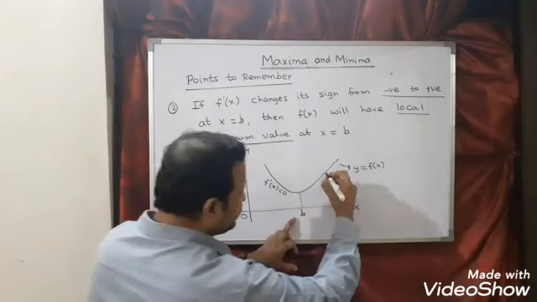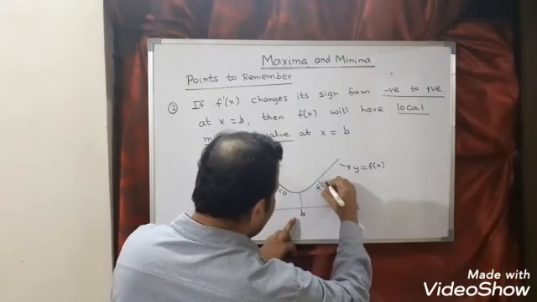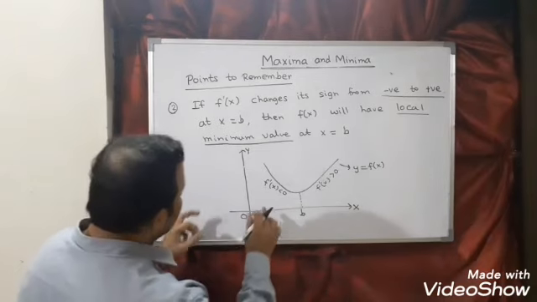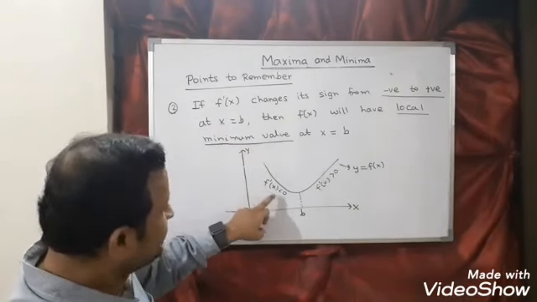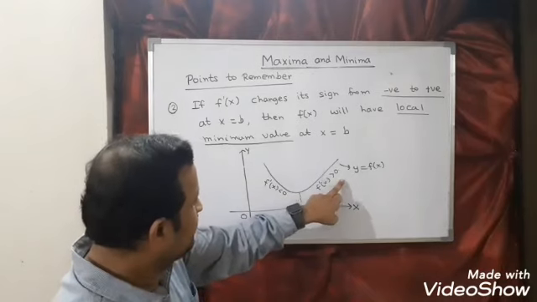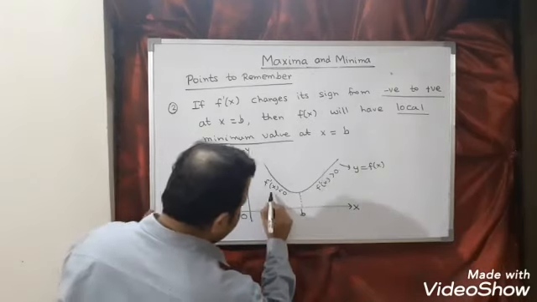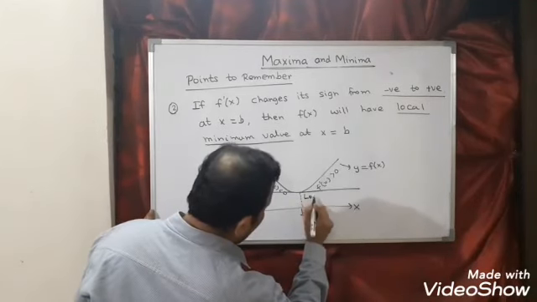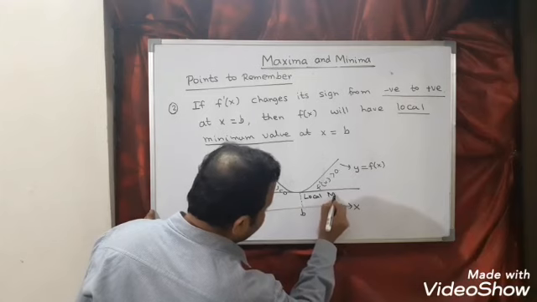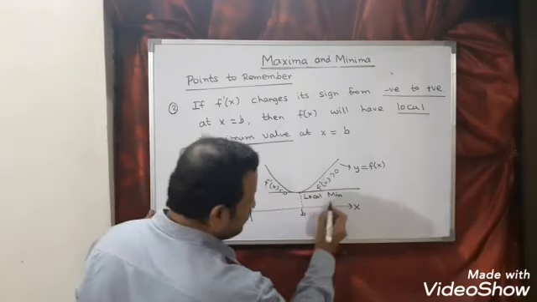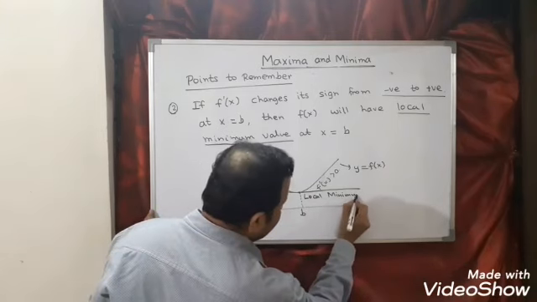After b it is increasing, so I can say f dash x greater than 0. Right? So if f dash x changes its sign from negative to positive at x is equal to b, then f of x will have a local minimum value. So you can see here this point will be the minimum, so local minimum value.